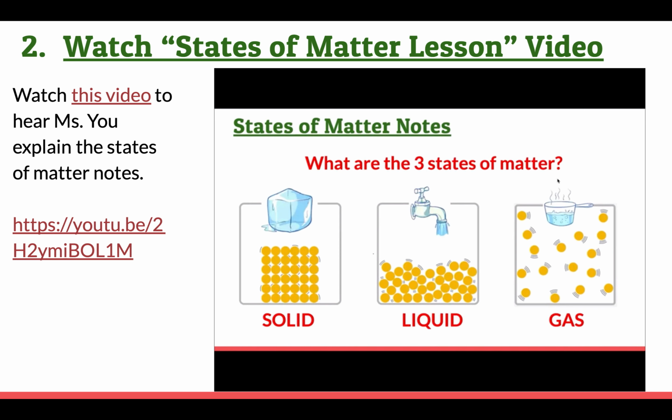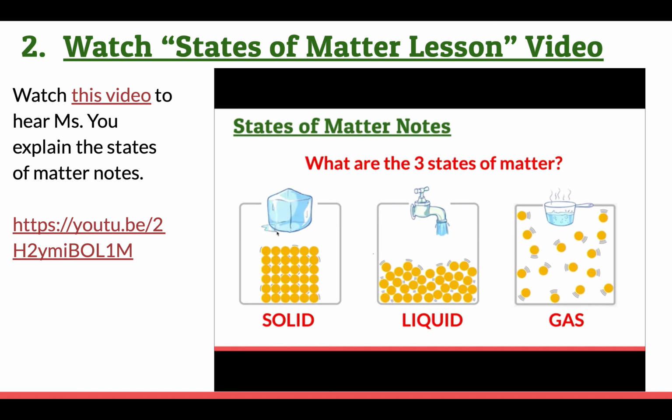Now we have to learn the 3 states of matter. So all of the physical objects that we know or we talked about, they might be able to exist in 3 states of matter. So for example, if we talk about water, water can exist in 3 states of matter.